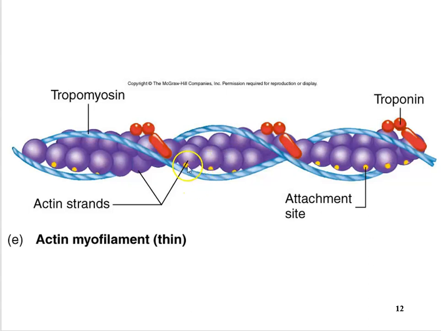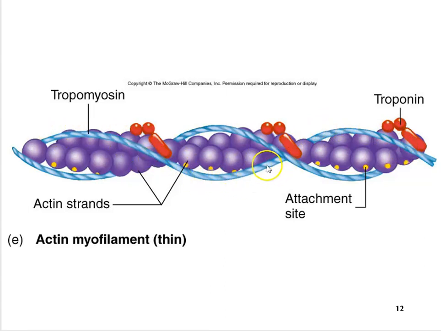Each protein has a spot on it where it can stick to myosin. Troponin here, there's no calcium on it right now. So this is one shape. When calcium attaches to it, it will change shape. It is associated with tropomyosin. It sits in the groove here.